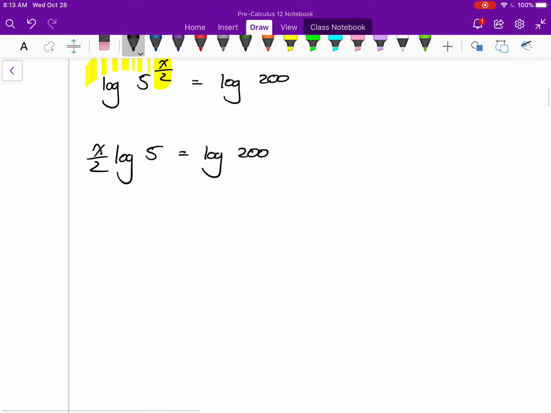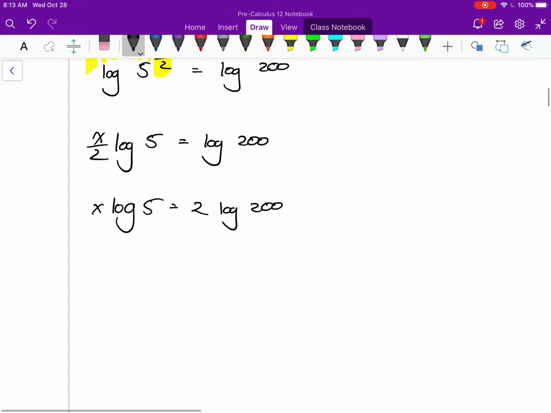Now I can multiply both sides by 2, and get x times the log of 5 equals 2 times the log of 200. Then I can divide both sides by the log of 5.